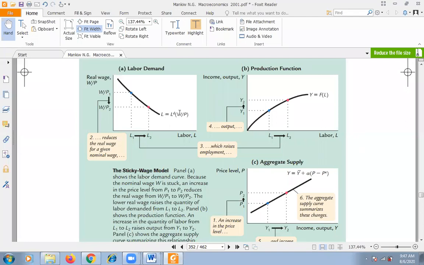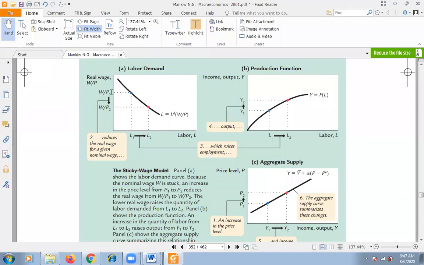Labor demand is a function of real wage. As you know, quantity demanded is a function of price. Similarly, labor demand is a function of labor price, that is the real wage. Please listen again. In this diagram, real wage is on the vertical axis and labor demand is on the horizontal axis. The first point of real wage is with the blue color and the demand for labor at this point is L1.